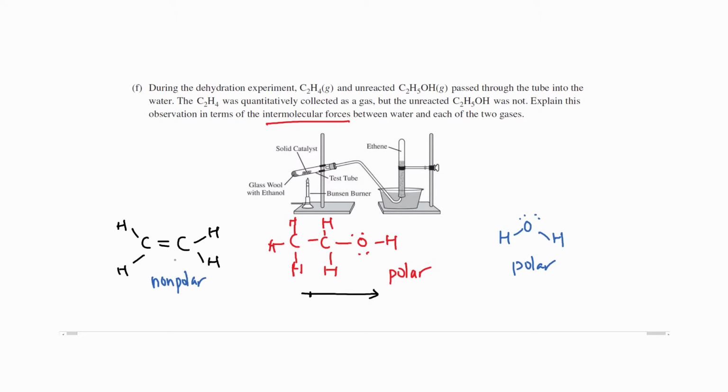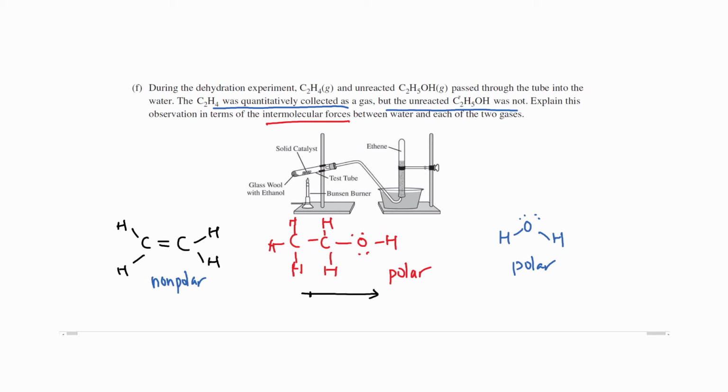However, the nonpolar ethene is not really dissolved well in polar water, so it's very non-soluble. So this explains this part. You have no problem gathering the C2H4 because water and the ethene do not interact, and it will just go up and fill up the ethene gas in the top of the inverted test tube.